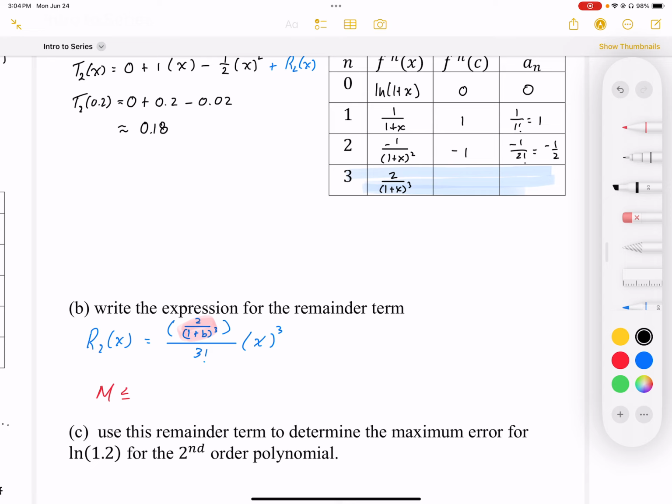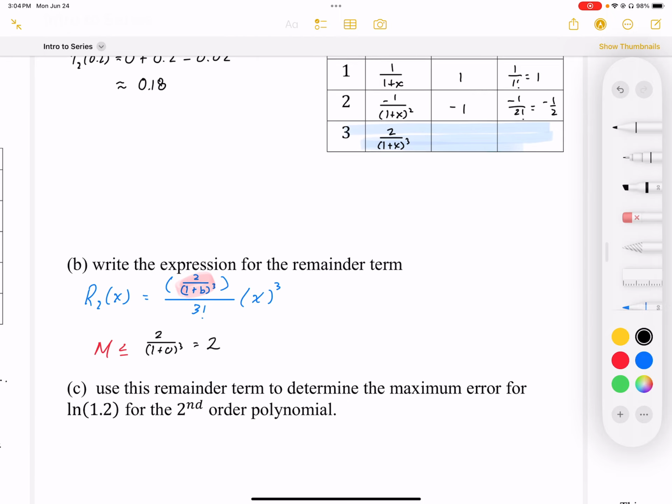Okay, so the smaller the denominator is, the bigger the term is going to be. So when we put this in, we're going to plug in b is equal to 0. So 2 over 1 plus 0 cubed, that's going to be equal to 2.